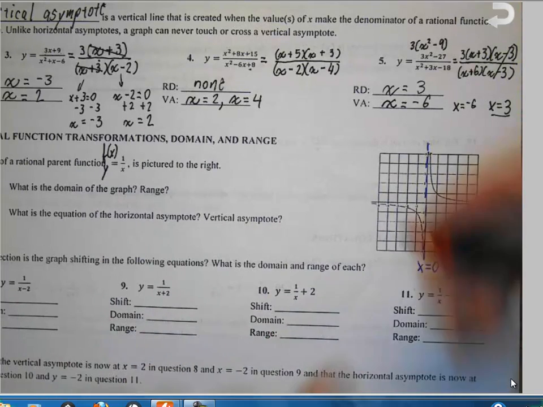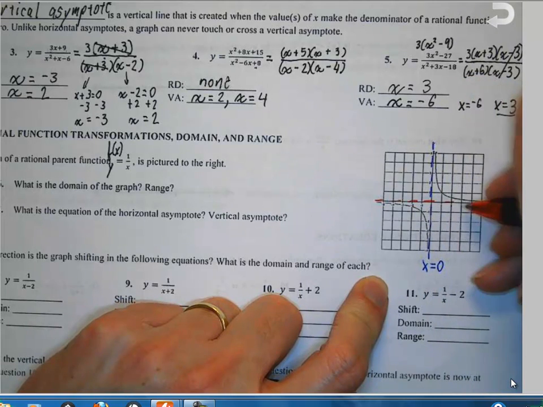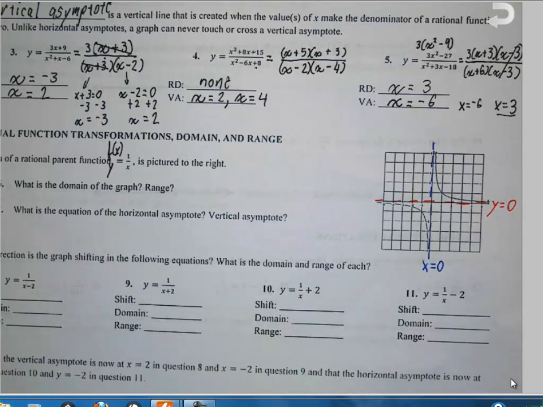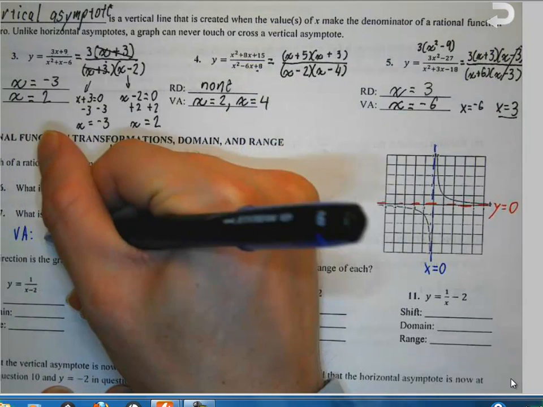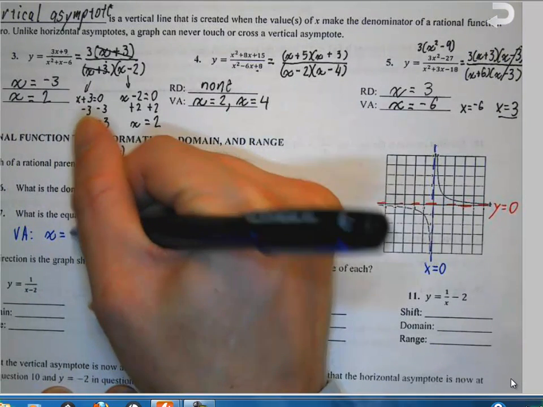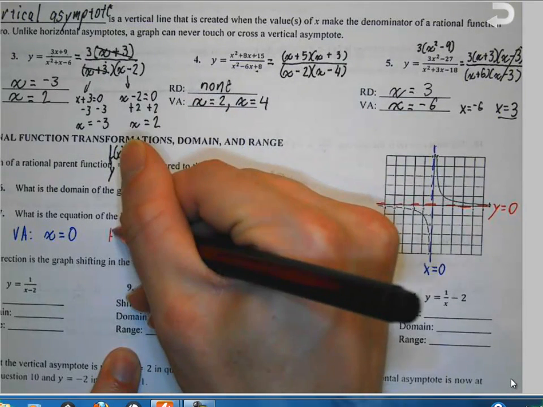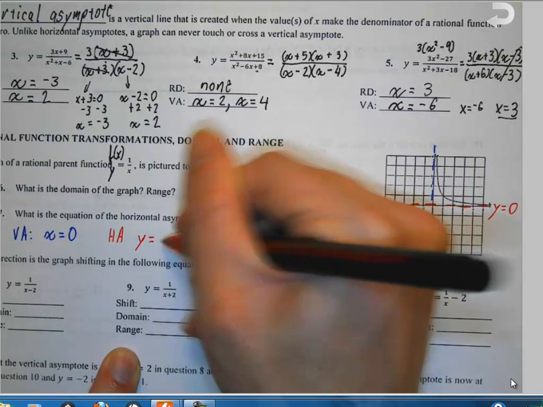You will also have a horizontal asymptote on the x-axis, which is where y is equal to 0. So you go on ahead and find those first. I'm just going to say that my vertical asymptote is where x is equal to 0, and my horizontal asymptote is where y is equal to 0.